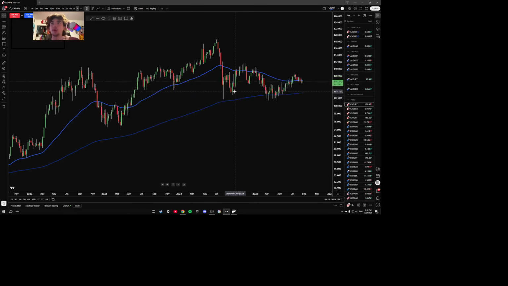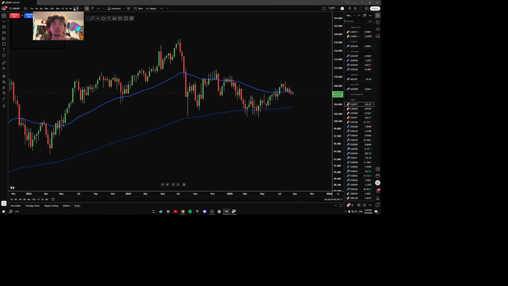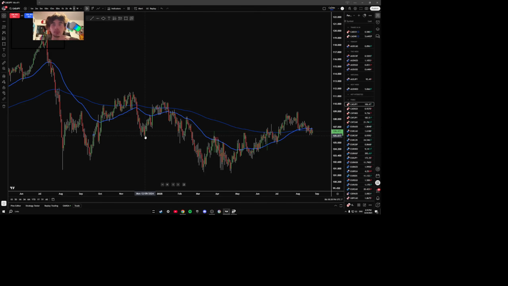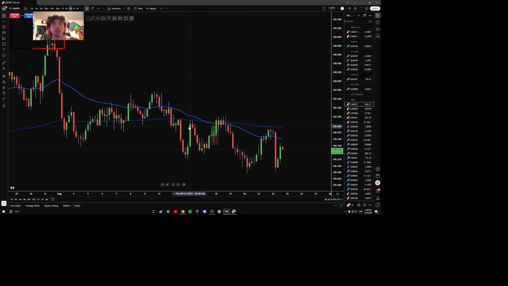Okay, CAD JPY, let's find another trade for cash and woods to take. I don't like any of these. 4 hour looks good.